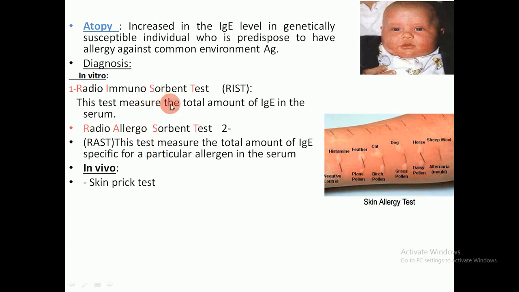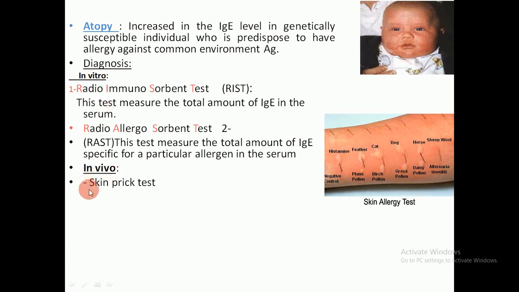These two tests can be done by ELISA or RIA in order to determine the total amount or the specific amount. You can differentiate: immuno means whole IgE, whole immunoglobulin, while allergo means specific allergen.